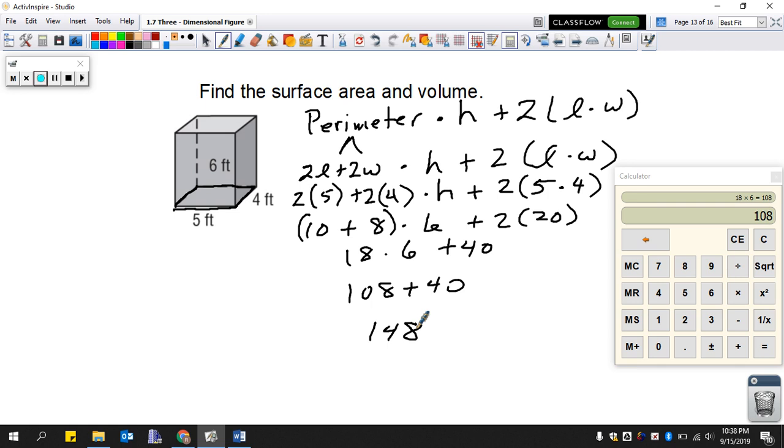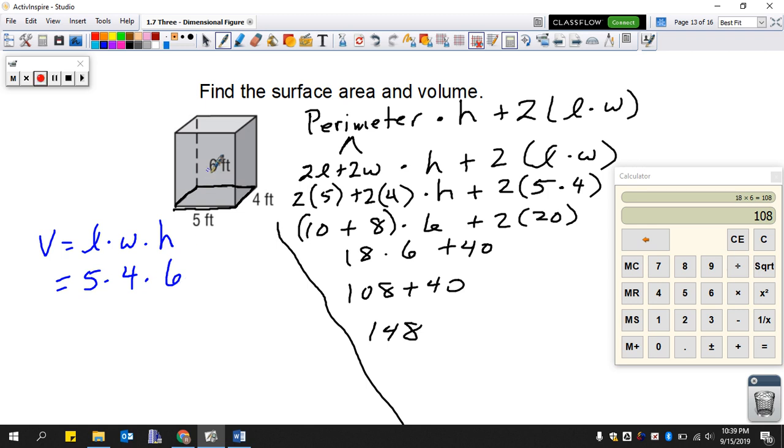Okay, I'm going to do the volume over here. Volume is length times width times height, right? So the length is 5 times 4 times 6. Anytime we're finding the volume of a prism or a cylinder, you're finding the area of the base and then multiplying it times the height.